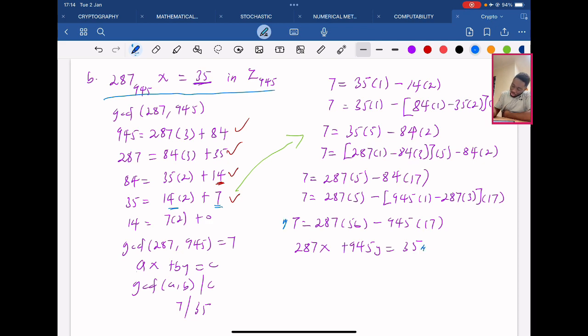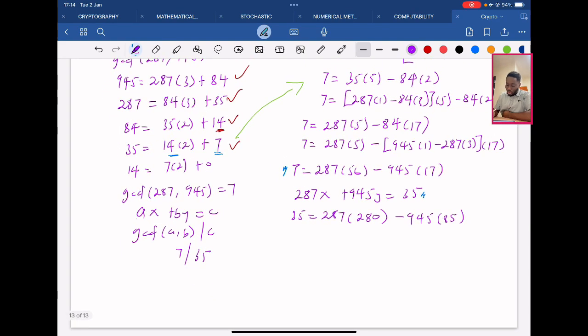So we are going to get 35 is equal to, then we multiply whatever is in the bracket by 5. So 56 times 5, we are going to get 280 minus 945. 17 times 5 is 85.